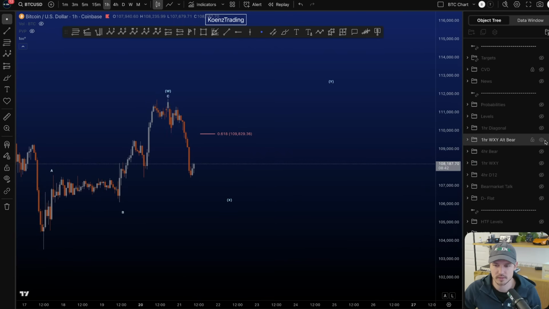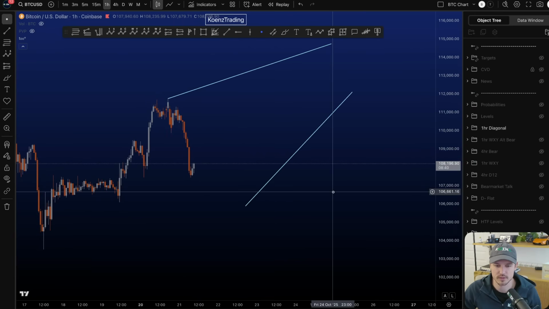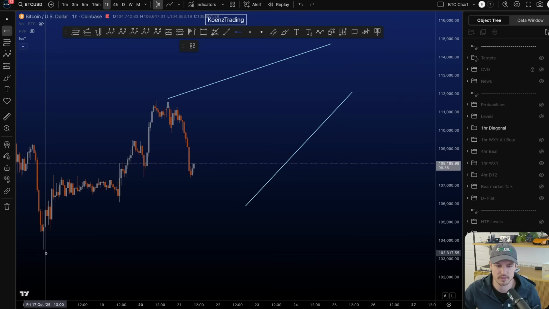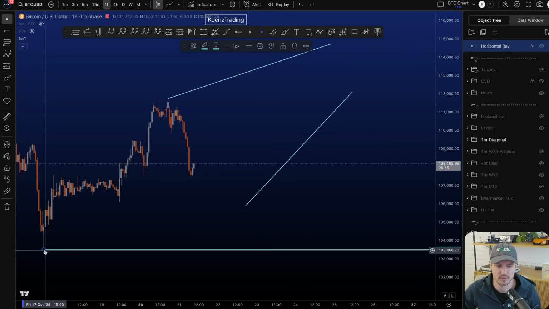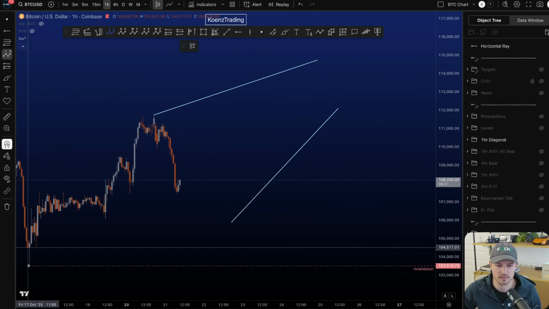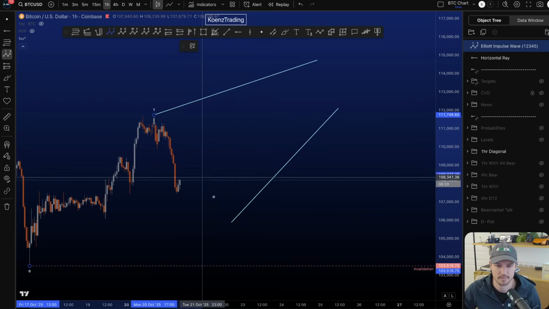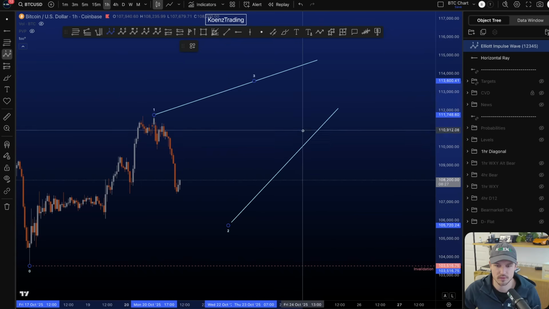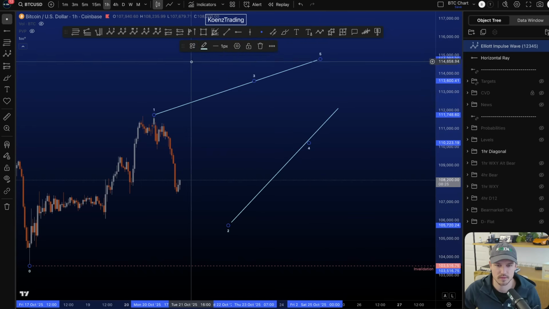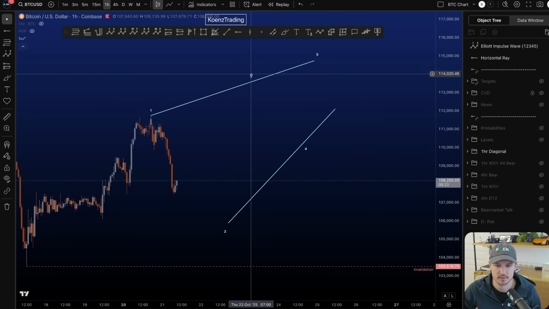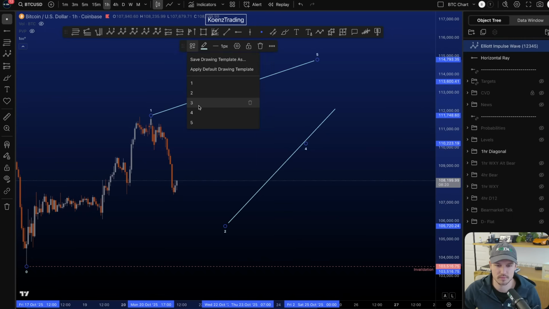And then, yeah, okay, WXY. And then we have the diagonal. That's your bullish scenario, where basically this is your invalidation. And then you're looking for a wave 1. And then 2, and then 3, and then 4, and then a 5. Let's make these a little bit more visible.